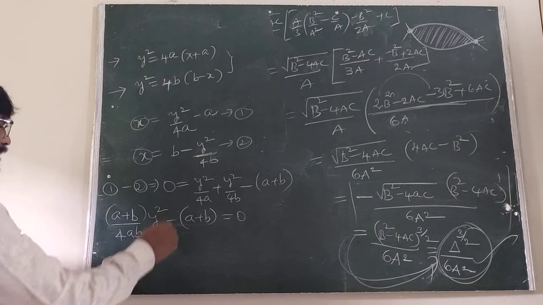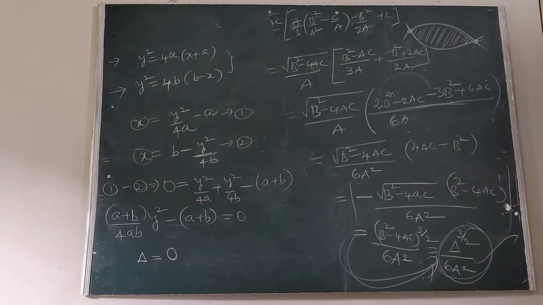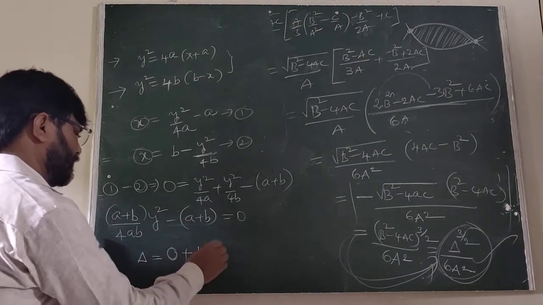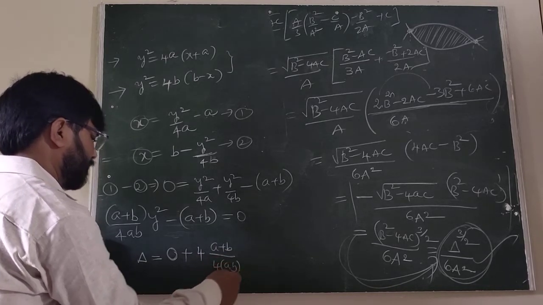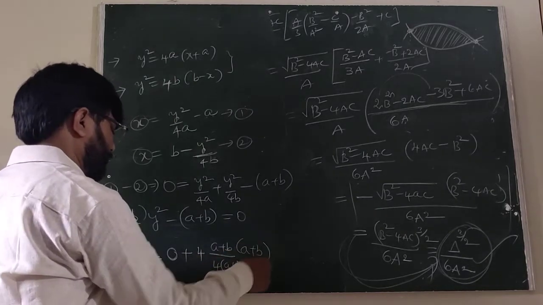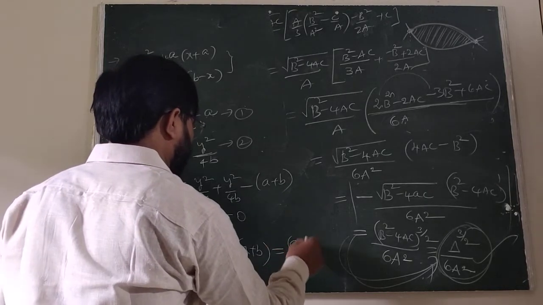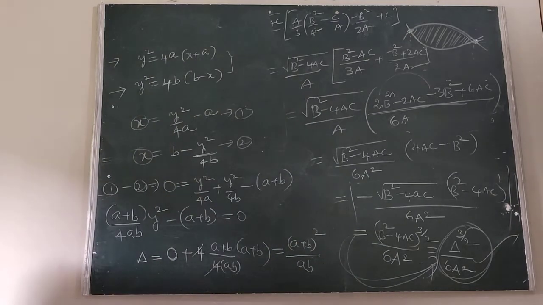Delta: the y term is not present, so it is 0. B square minus 4ac, that is minus of minus plus 4ac, a plus b by 4ab into a plus b. These are cancelled. We got a plus b whole square by ab. This is the delta.